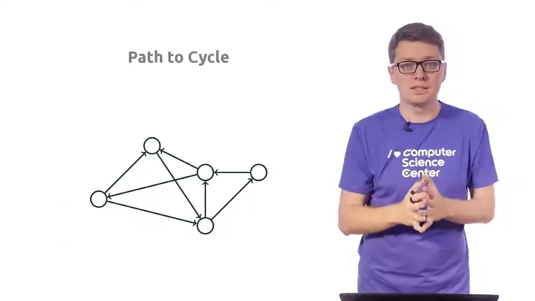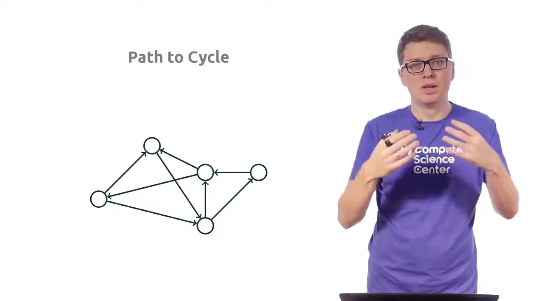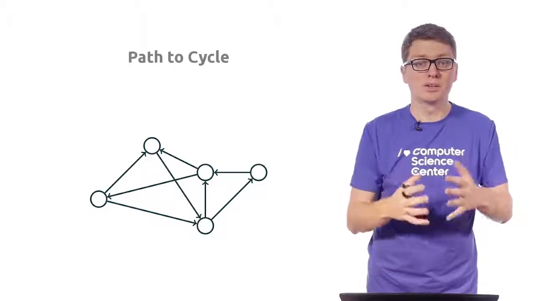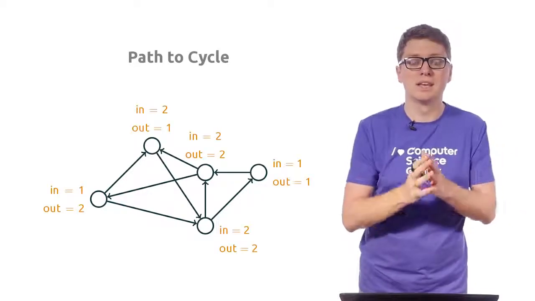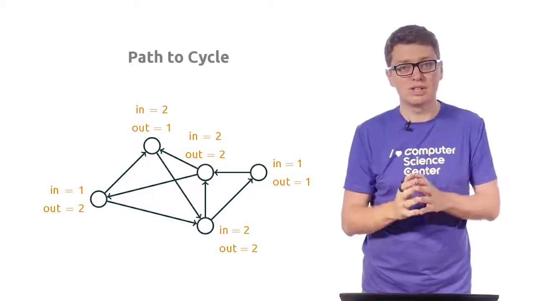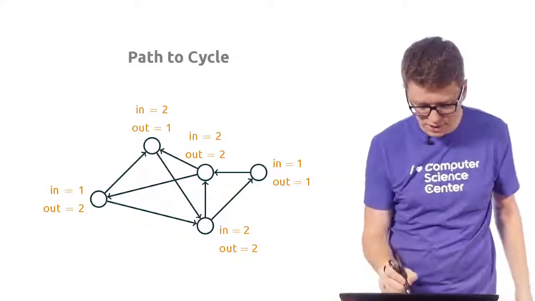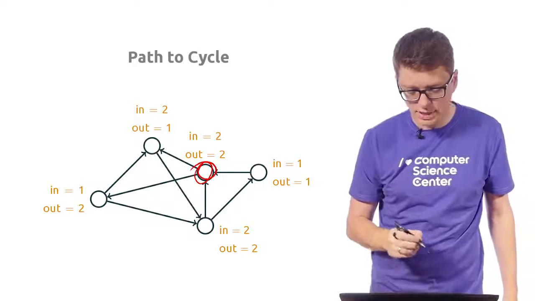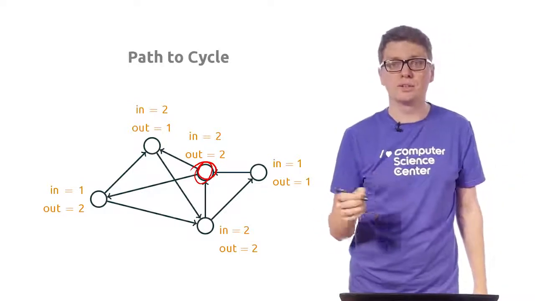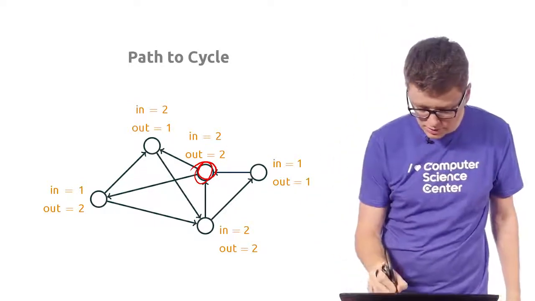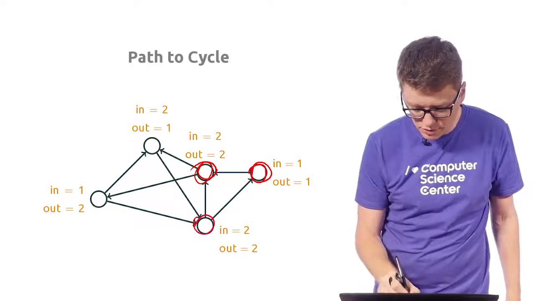Let me illustrate this on a simple example. So imagine the following graph. In this case, the in degrees and out degrees are as shown on the slide. So for example, for this vertex, its in degree is equal to 2 and out degree is also equal to 2. This vertex is also balanced and this vertex is balanced.